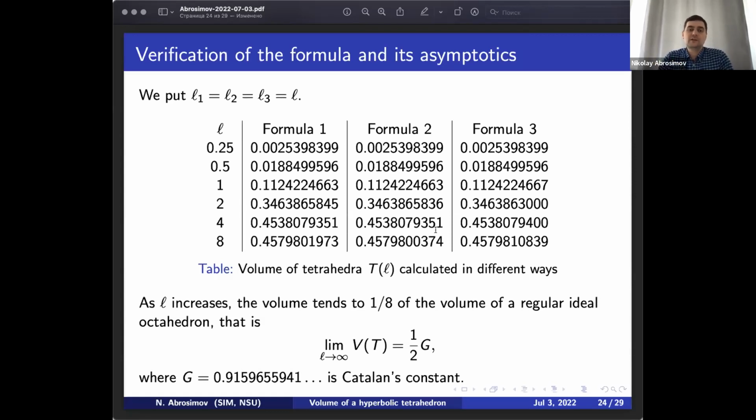That is 1/8 of the volume of the regular ideal octahedron, which is a well-known constant in the theory of three-dimensional manifolds. For example, because the regular ideal octahedron can serve as a fundamental polyhedron for the complement of the Whitehead link.